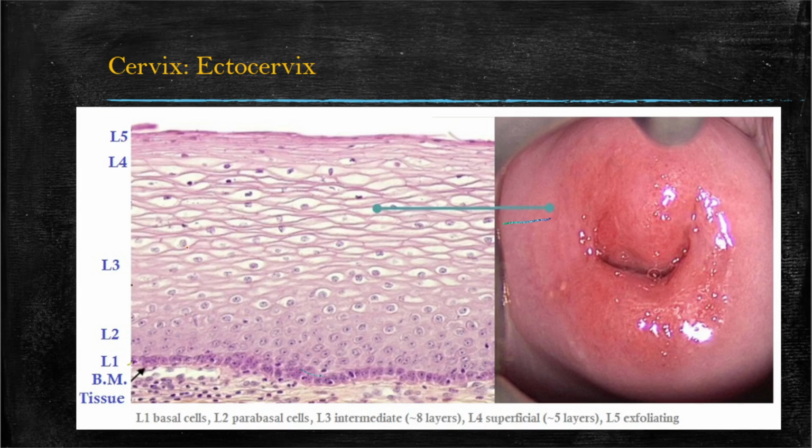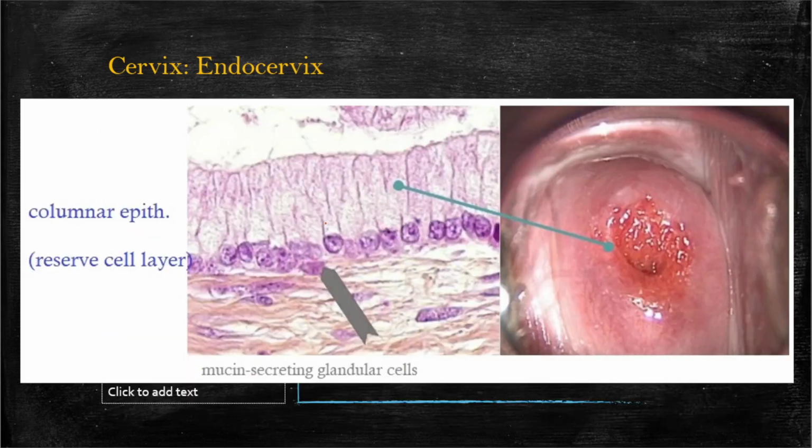the fifth layer. So let's contrast that to the endocervix, which here we can see a little bit kind of within this area here, and maybe just a little bit here. So this part of the internal os transitioning into canal is this glandular columnar epithelium.